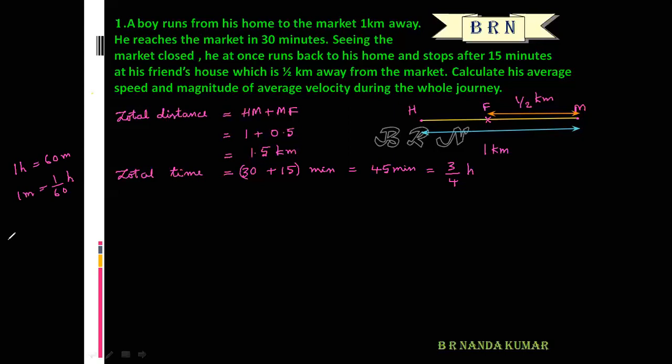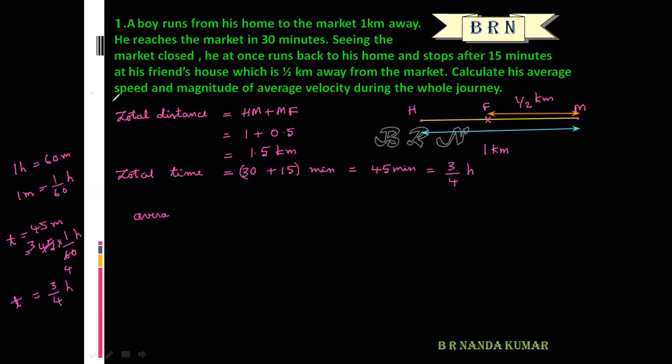So 45 minutes is 45 by 60 hour, which simplifies to 3 by 4 hour.